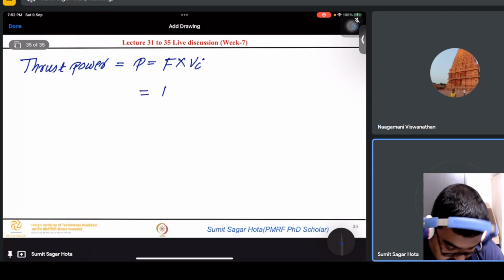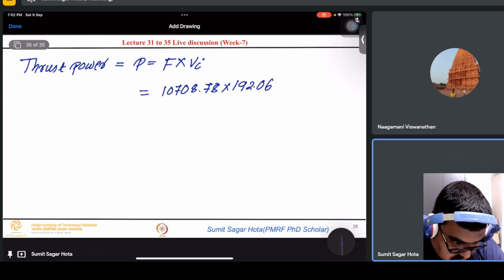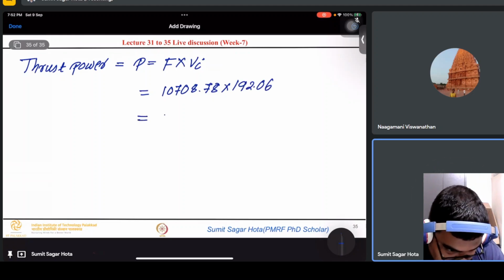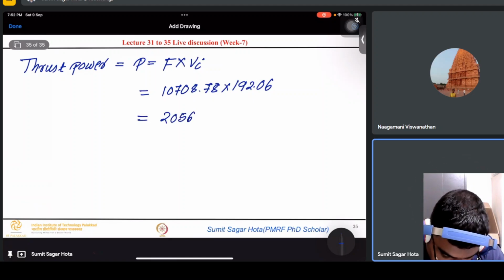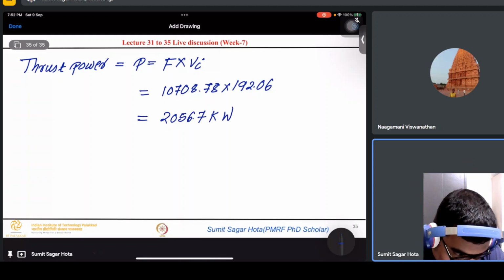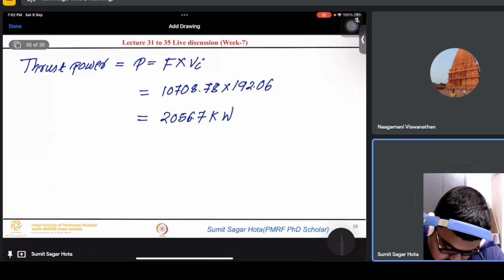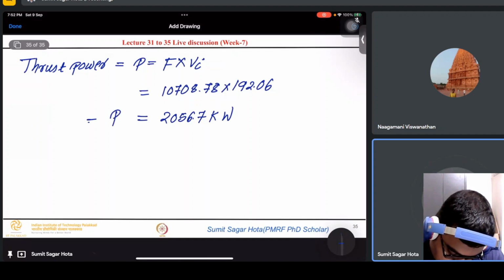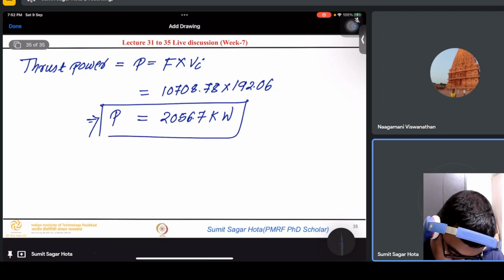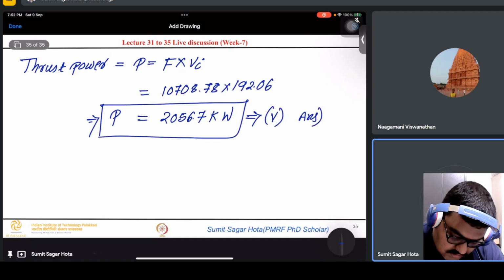What is F? 10708.78, Vi 192.06, which gives 2056.7 kilowatt. So this is your power, this is your fifth bit answer.